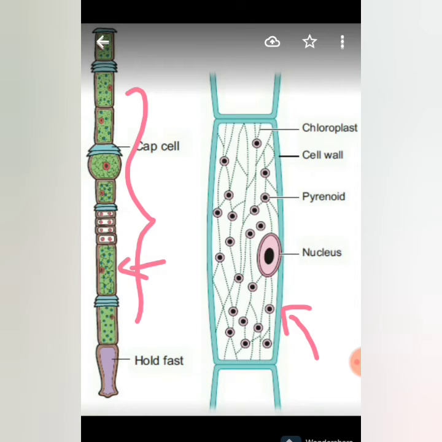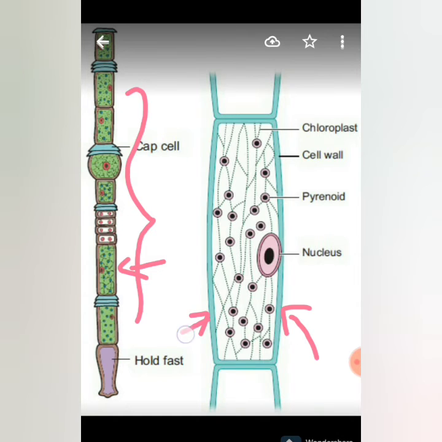As you can see, the cells are surrounded by a very thick wall. They are surrounded by a thick and rigid cell wall. And also the cell wall is again differentiated into 3 layers.